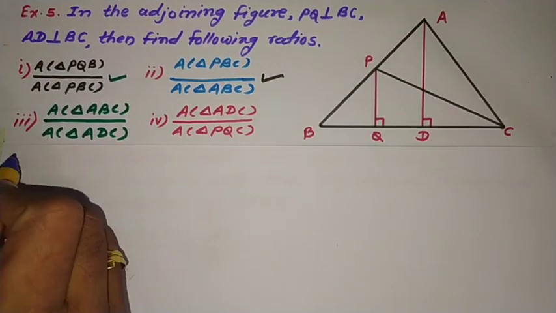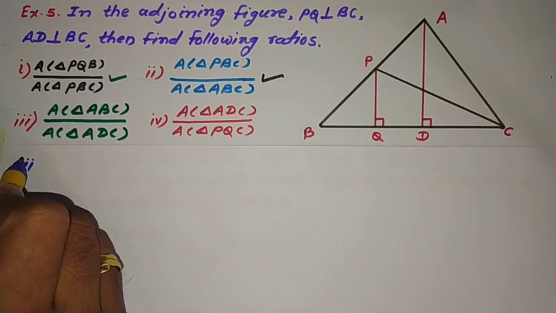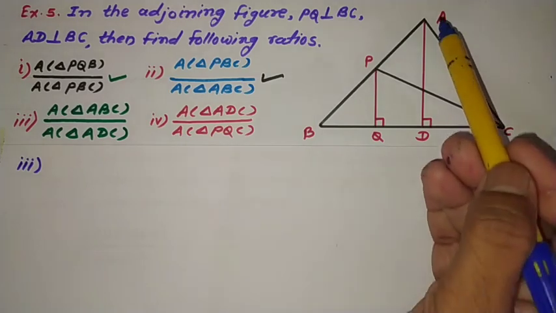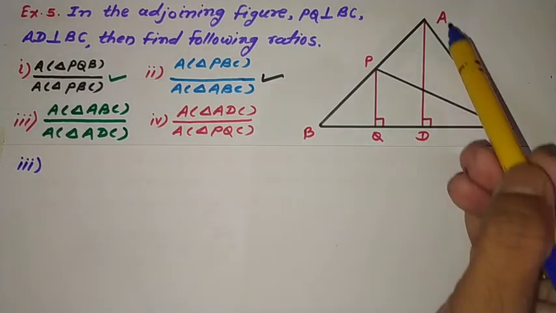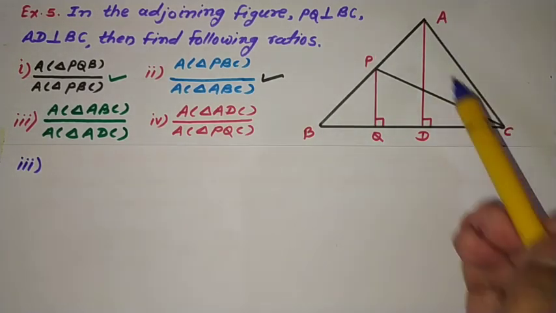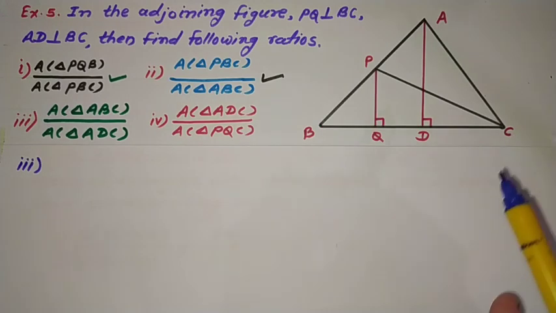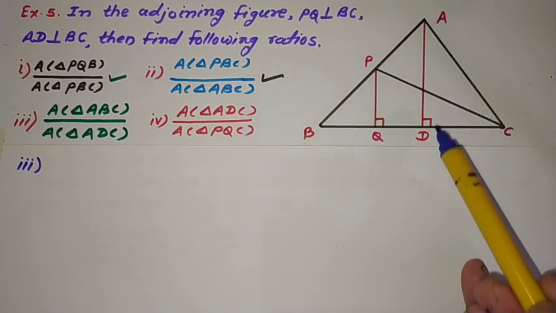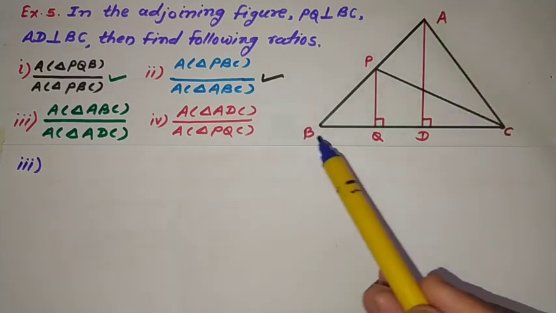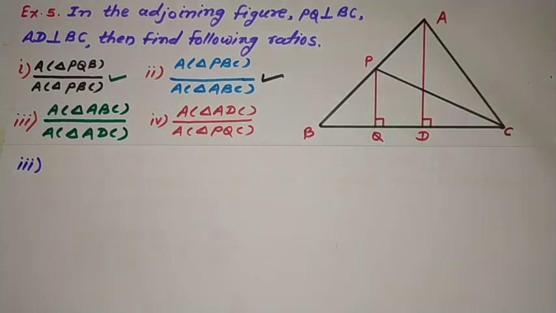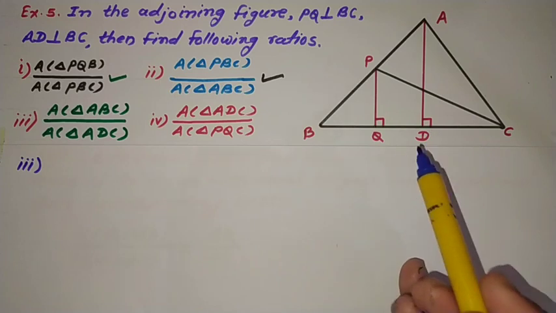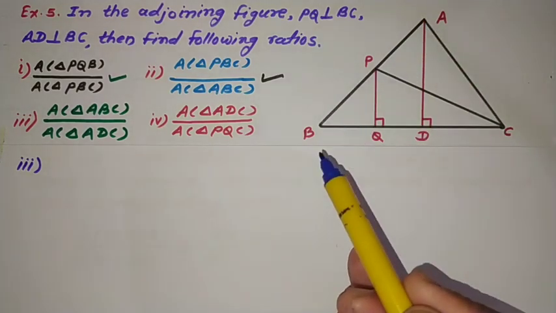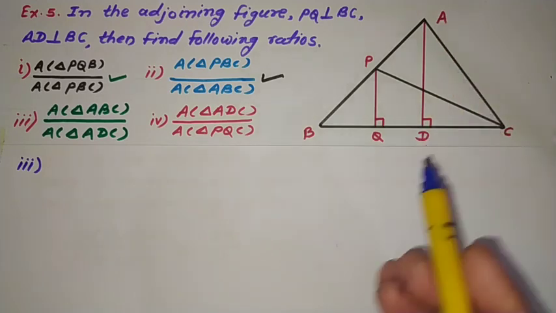Third example: here the triangle ABC and triangle ADC. Observe these two triangles in the adjoining figure. Here AD is perpendicular to both triangles, so the height is the same, and AD is the height.